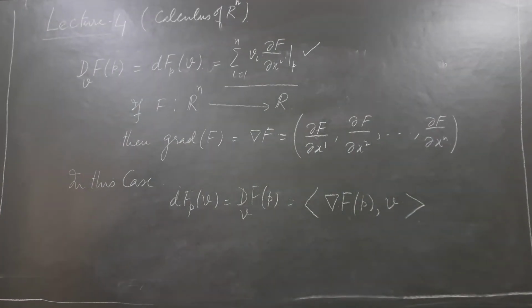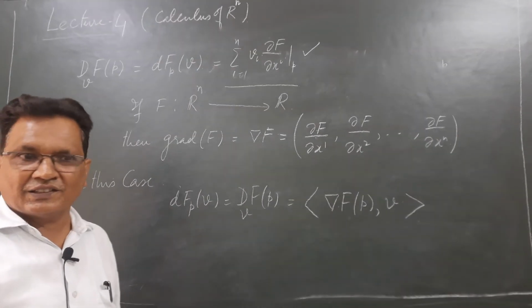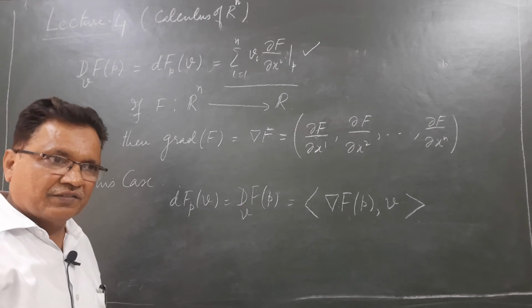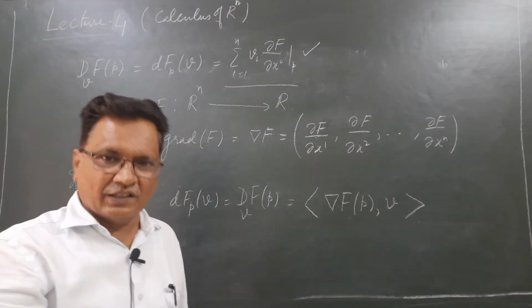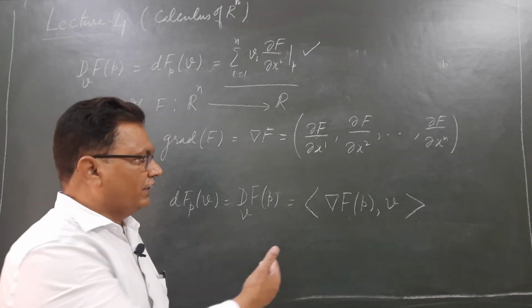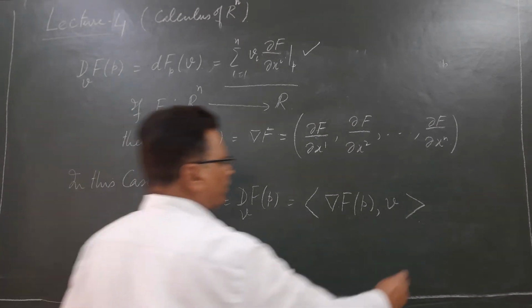Is it right? Yes, sir. So this is another way of computing the derivative of a function. The derivative of a function at V will be nothing but the inner product of gradient of f and V. So this is also an important relationship.